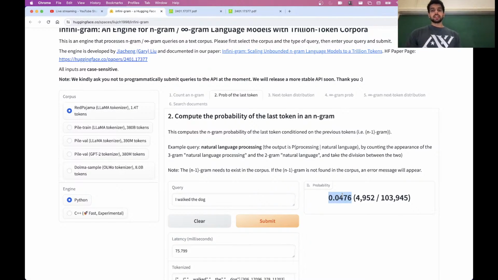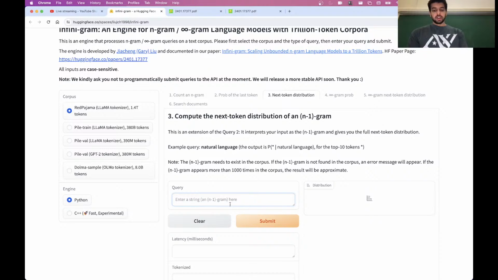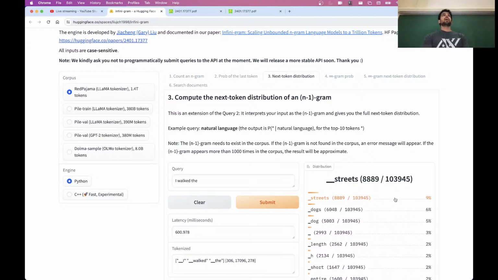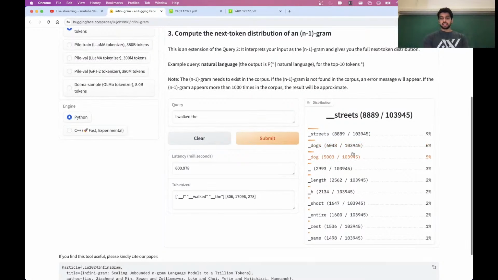Anyway, if you're interested in this, you can play around with it. You can also see the next token distributions. So "I walk the": streets is actually the most probable thing here with 9%. Then dogs, dog, and not sure what this is. Oh, okay, "I walk the length of the trail" or something like that.